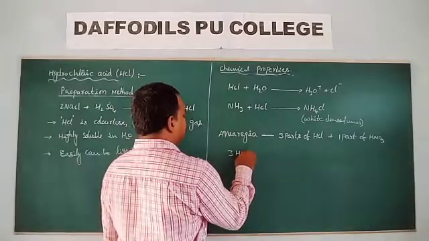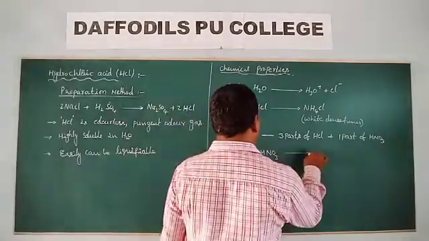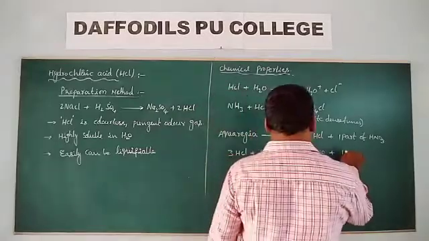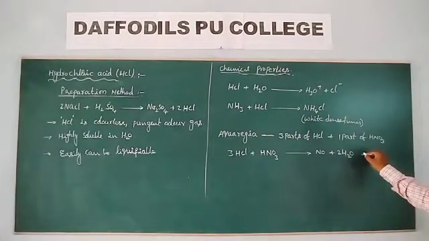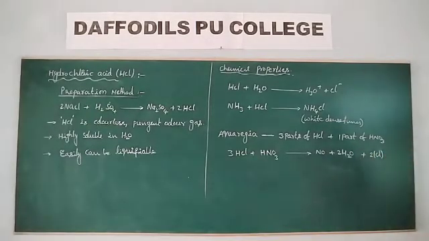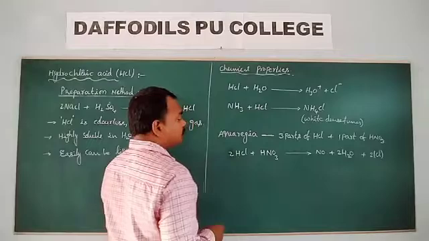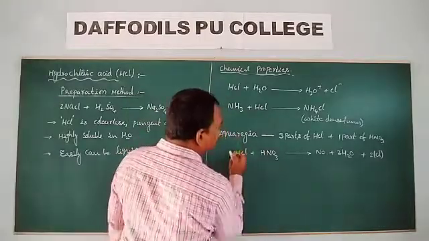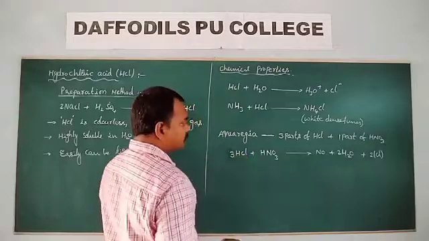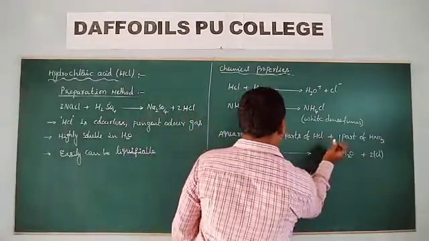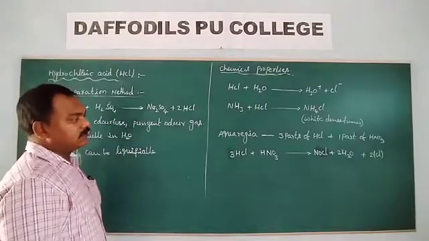So when HCl plus HNO3 react, you will get NOCl plus 2H2O plus 2Cl.